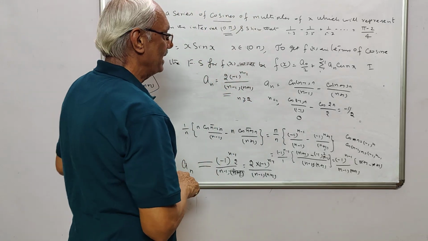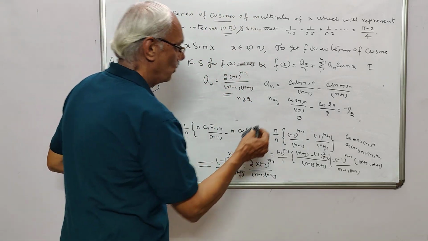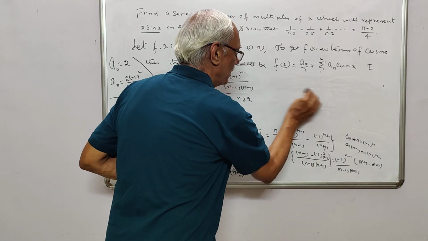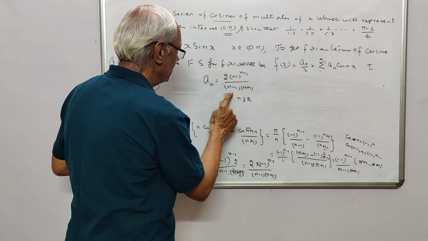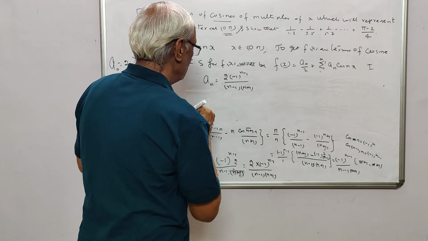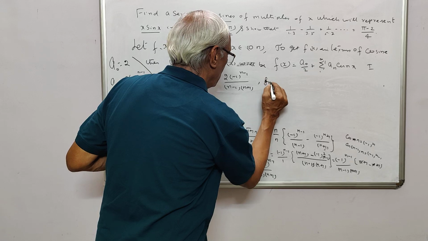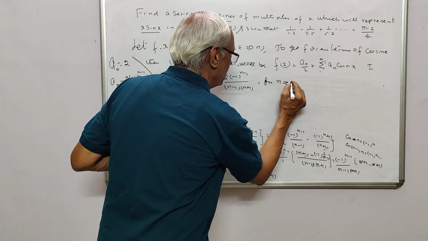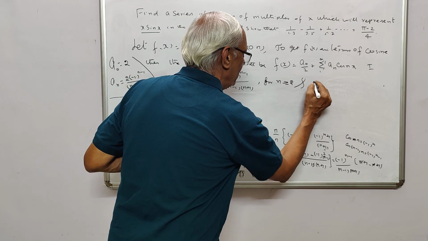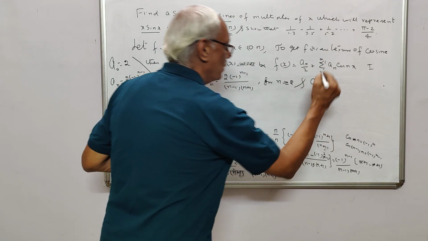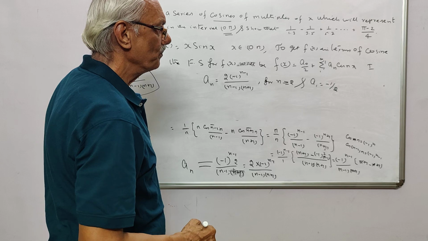So here I will write: an is equal to so much for n greater than or equal to 2, and a1 is equal to minus half. So I have found the value to be minus half.